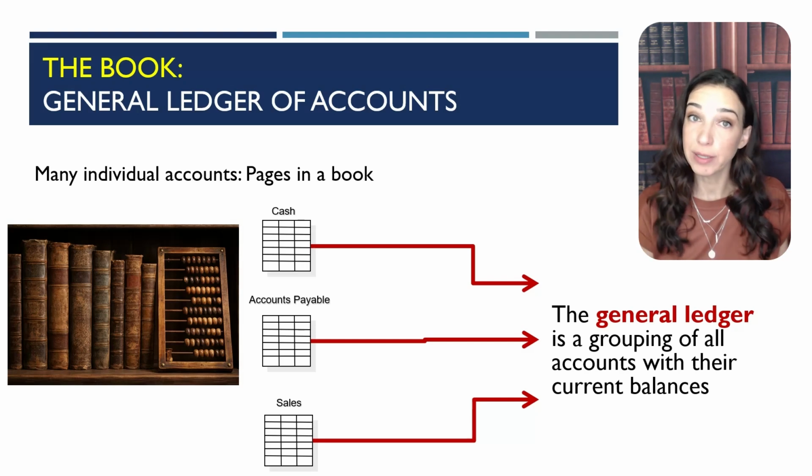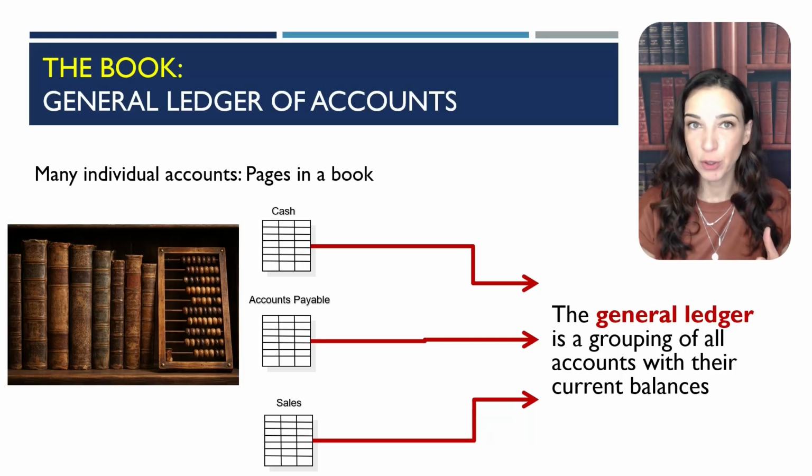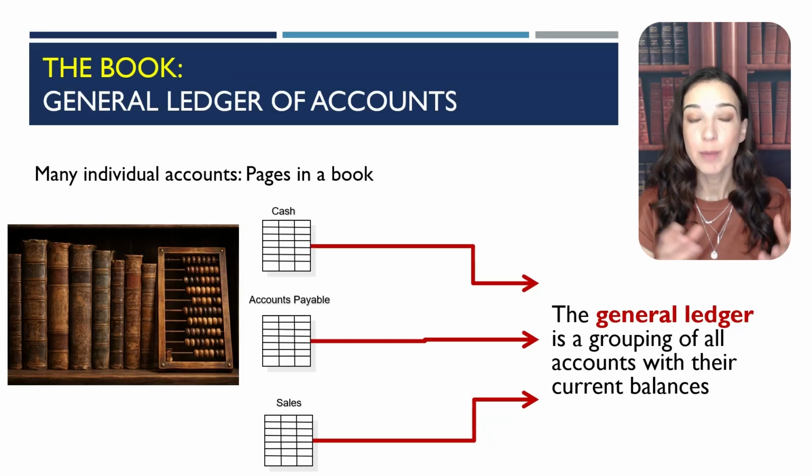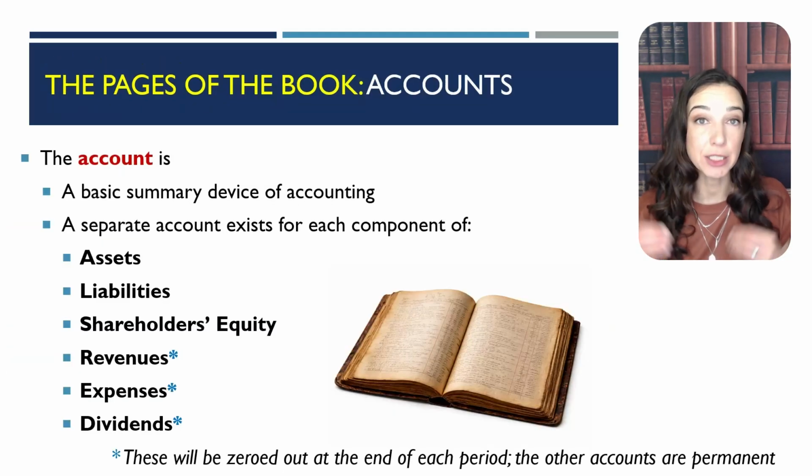So if you open the cash page, it kind of looks like the checking account interface that you might see if you log in. You see the current balance in that specific account. So the general ledger used to be a book. Now everything is electronic, but of course the same logic applies. With a couple of keystrokes, an accountant can bring up a page of the specific account and see how it currently looks and what the balance is. Each page is an account.